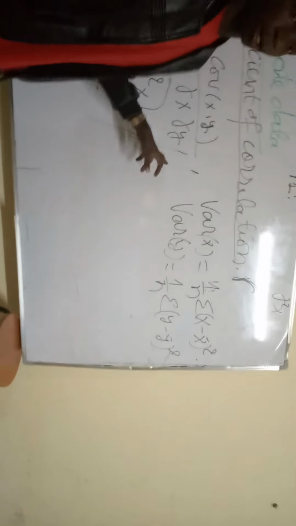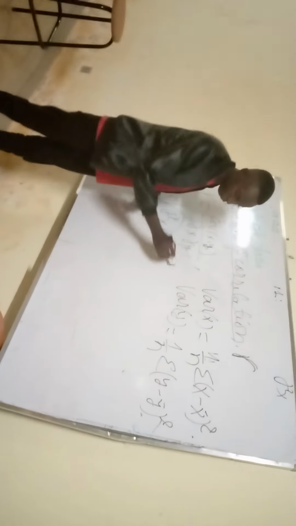Property number 2: if R, or the correlation coefficient, has a value closer to positive 1, this means that the correlation is positive and strong. Property number 3: if R is closer to negative 1, the correlation is strong and negative.